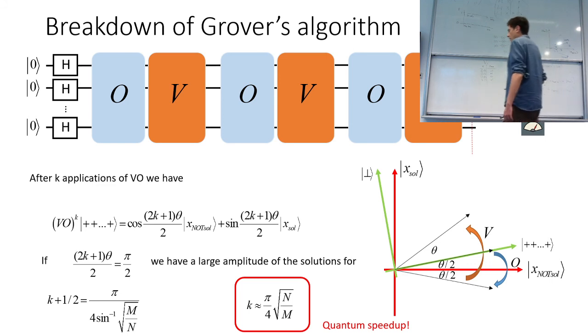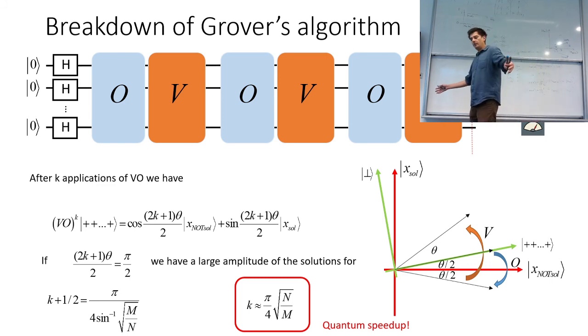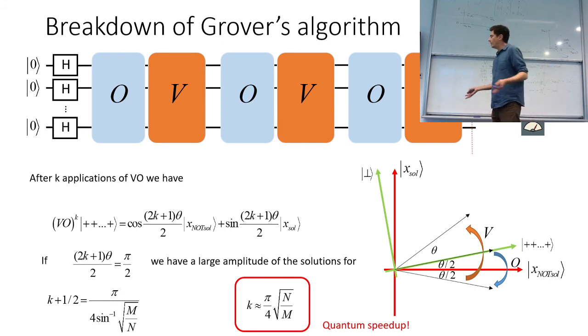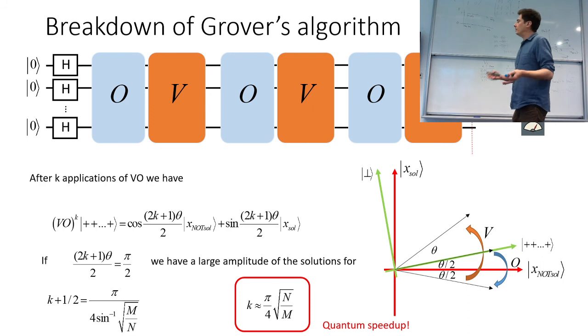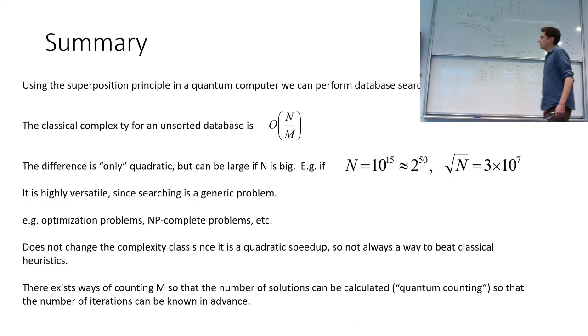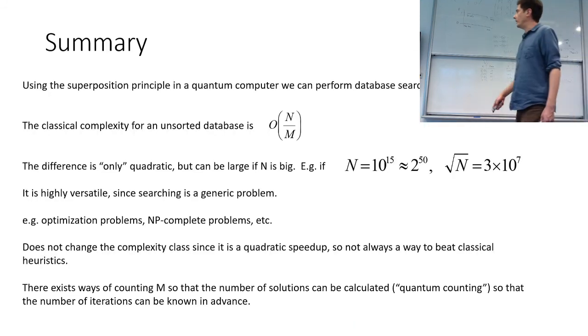So if you had 100 elements, classically it takes something like 100 tries to figure it out. With quantum, you can do it with 10 iterations of Grover. If n is bigger, then this gets even more powerful.